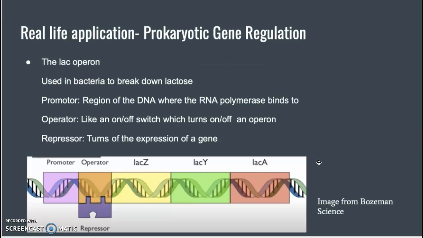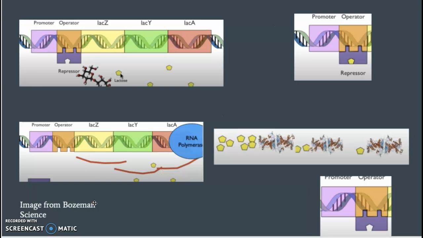So let's take a look at a real-life application of this prokaryotic gene regulation. So let's take a look at the Lac Operon, which is used in bacteria to break down lactose when there's too much lactose. So the promoter is the region of the DNA where the RNA polymerase binds. An operator is like an on and off switch, which turns the operon on and off, and the repressor turns off the expression of a gene.